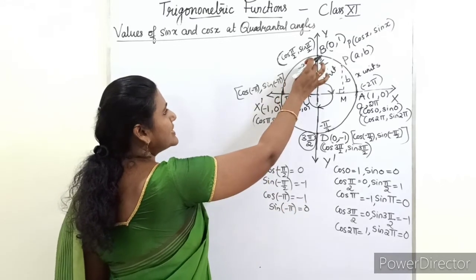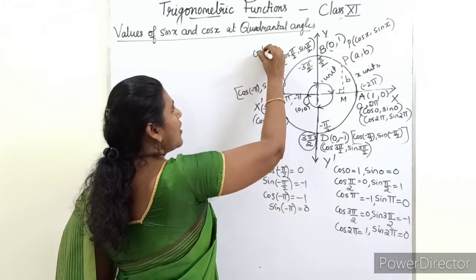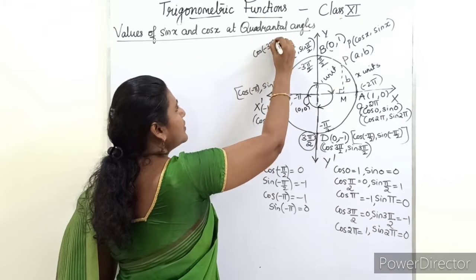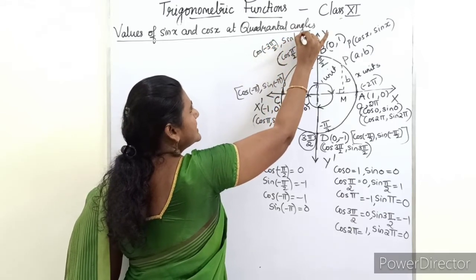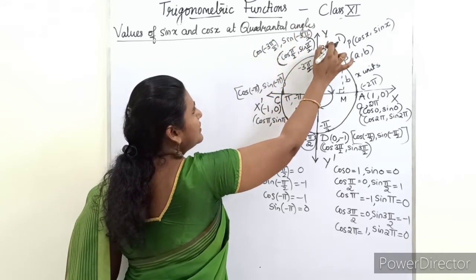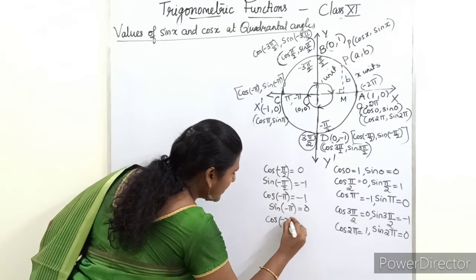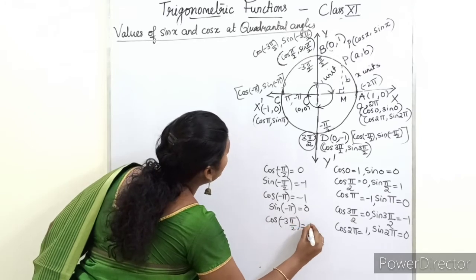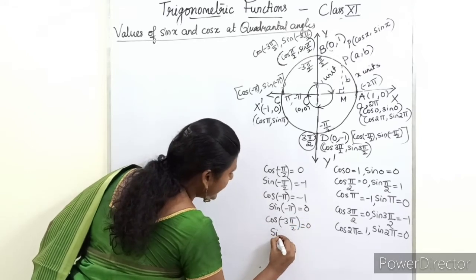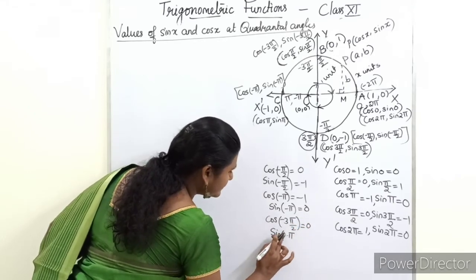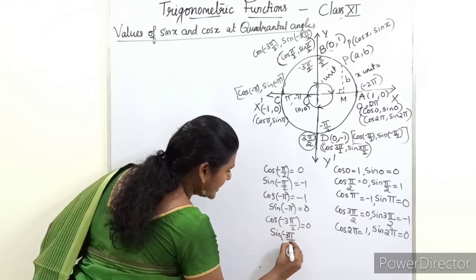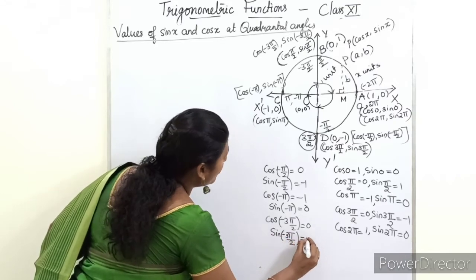Now we will move on to this point. Here we can write cos of minus 3 pi by 2 comma sine of minus 3 pi by 2, which is equal to this point 0, 1. So cos minus 3 pi by 2 is equal to 0, and sine minus 3 pi by 2 is equal to 1.